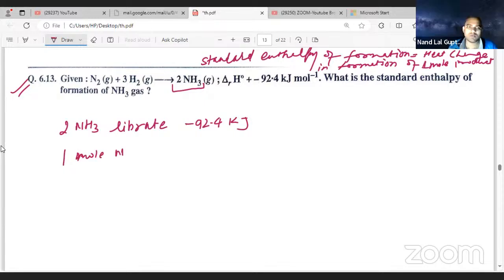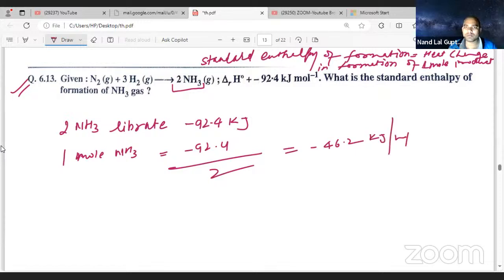1 mole NH3. So what we will do? Minus 92.4 divided by 2. So it will be minus 46.2 kilojoule per mole. The standard enthalpy of formation of NH3, standard enthalpy is per mole.